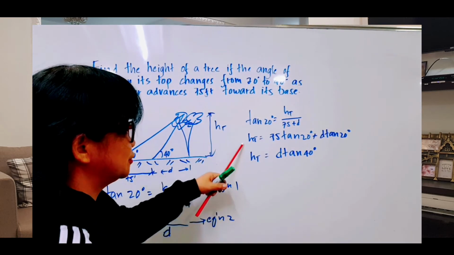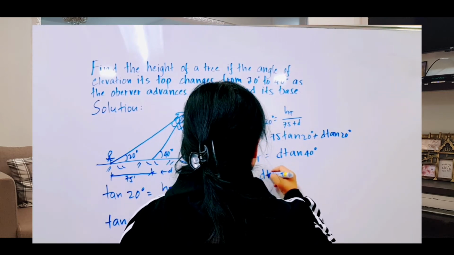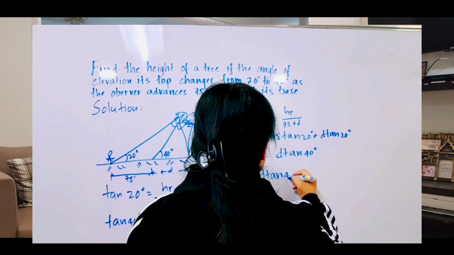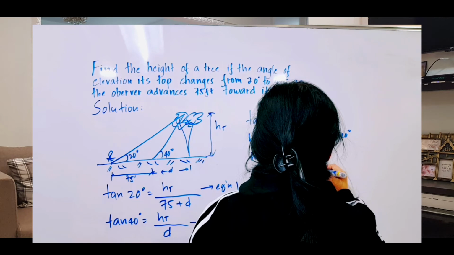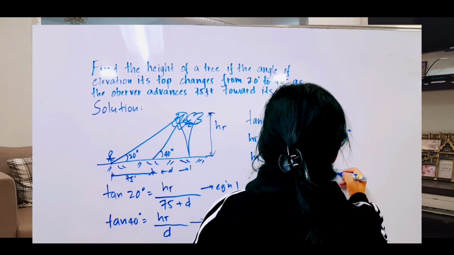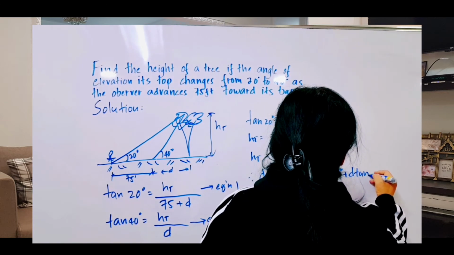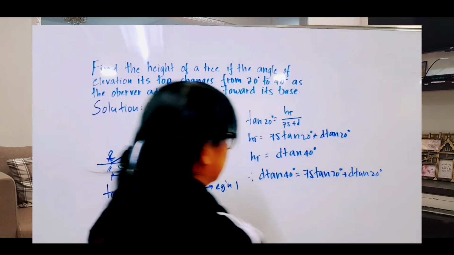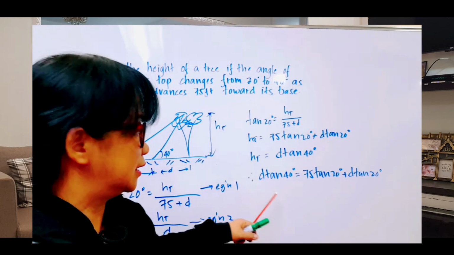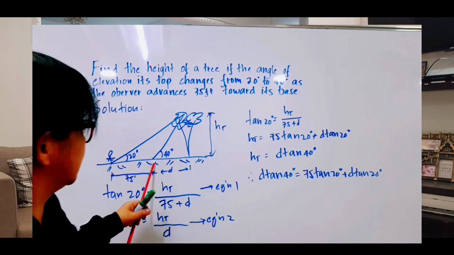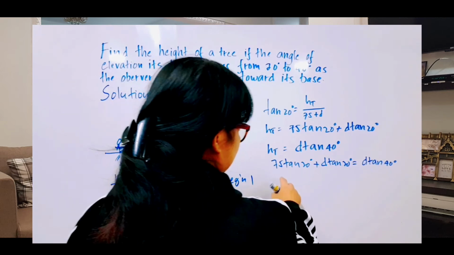Now, equating these two, D tangent of 40 degrees is equal to 75 tangent 20 degrees plus the distance times tangent of 20 degrees. Now here, we can solve for the distance from this side going to the tree.